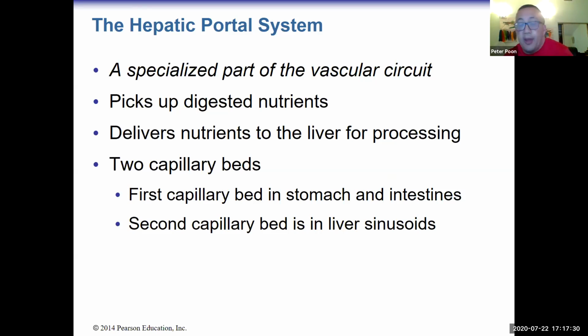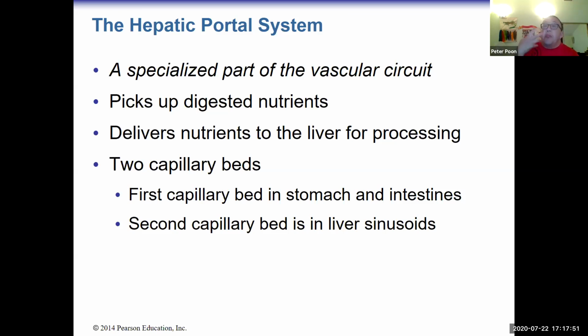One important thing I want you guys to understand is the hepatic portal system. So this will also be on the test somewhere. One of the things that you need to do with the blood supply is absorb nutrients in the intestines.